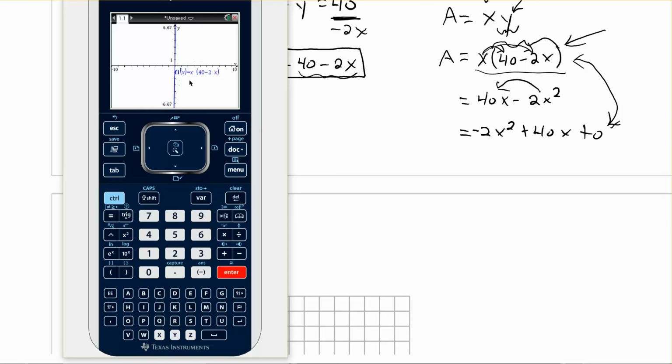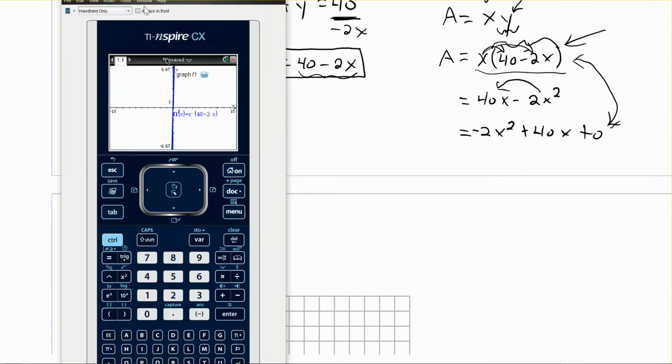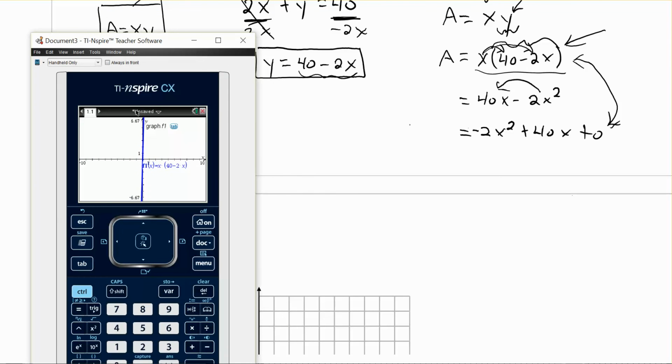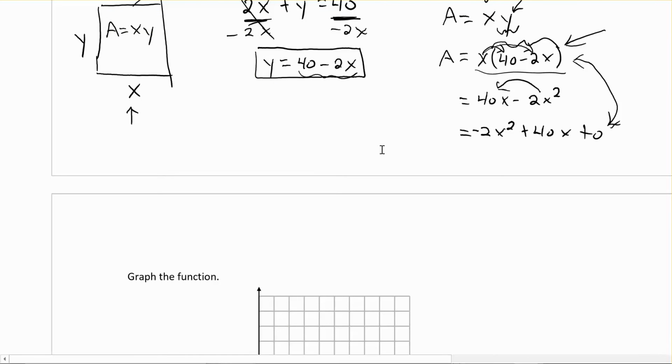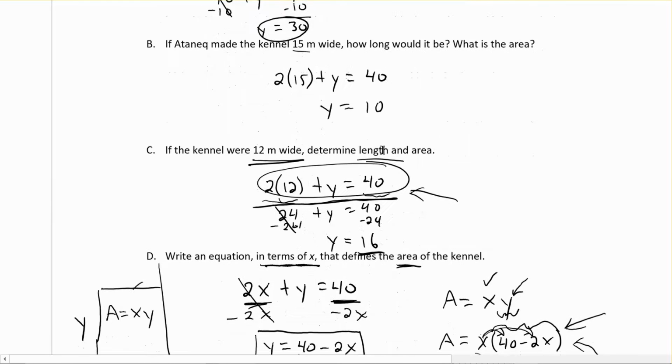So next thing you need to do is figure out what my y window needs to be, because right now you can see this thing is going pretty straight up and down. It's going to go a lot higher than 6.67, and the question is, how high is it going to go? What you might want to do as a reference, go back to your original questions here.